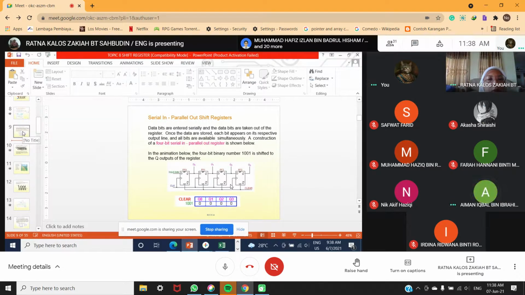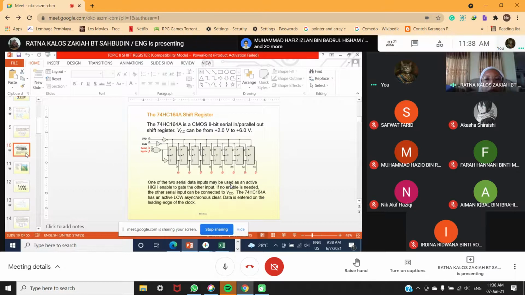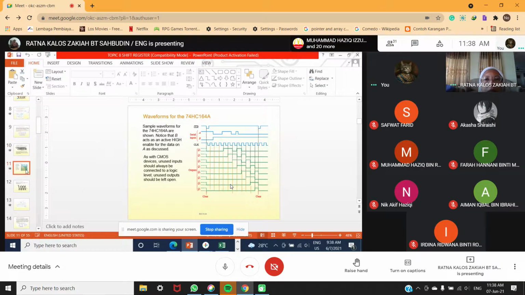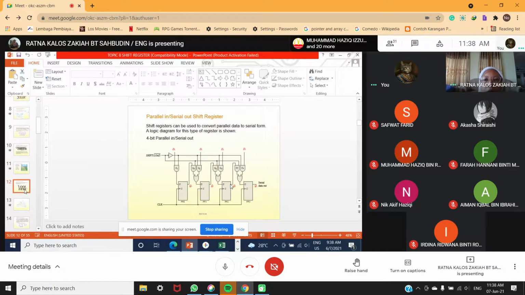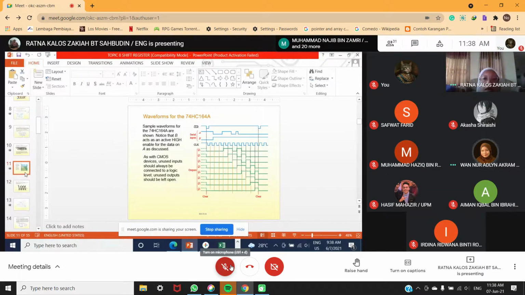Dah, Doktor. Ni dah kan? Parallel in, serial out. Okey. Belum. Ini dah? Yang waveform sudah, yang bawah tu belum.